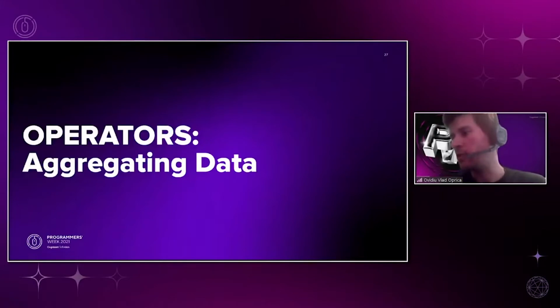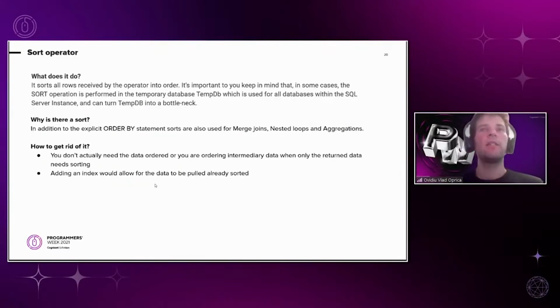Now, on to the next one, the data aggregating operators. And first off, we're going to start with the sort operator. The sort operator takes the data that it receives from the previous operator, sorts it, and returns the same data in an ordered fashion to the next operator.